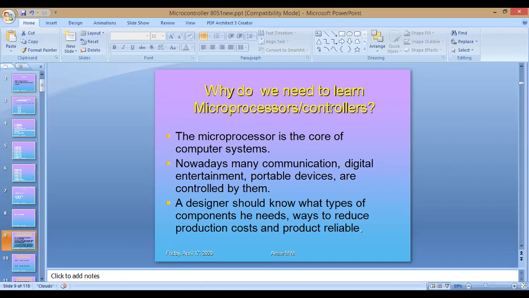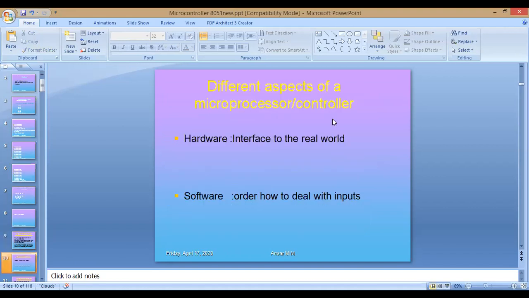And what are the aspects of a microcontroller? These are the aspects: interface to the real world, or how to deal with inputs, software inputs, etc. How to interface with the real world is an important question for making an embedded system.